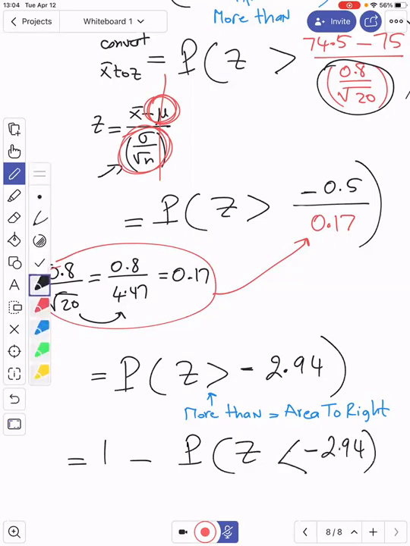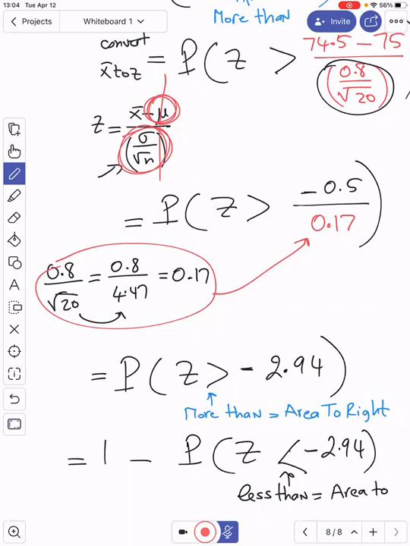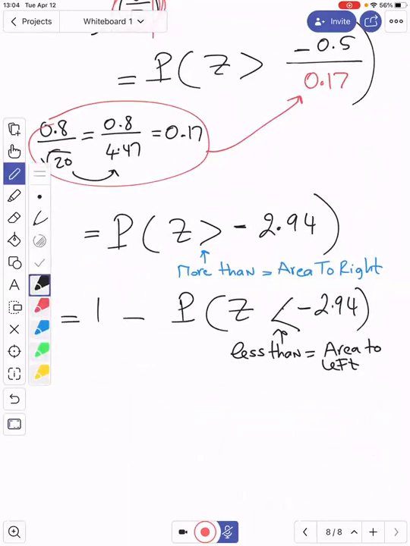So it's 1 minus the area to the left of negative 2.94. Checking the chart, to the nearest tenth it's negative 2.9, and the nearest hundredth is 4, so that's 0.0016. So 1 minus 0.0016.